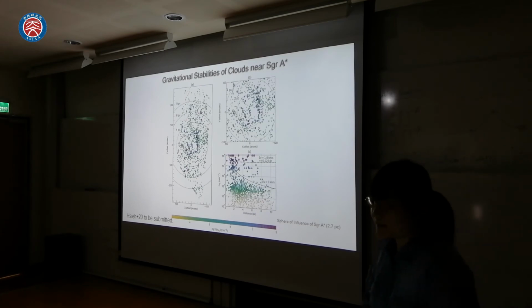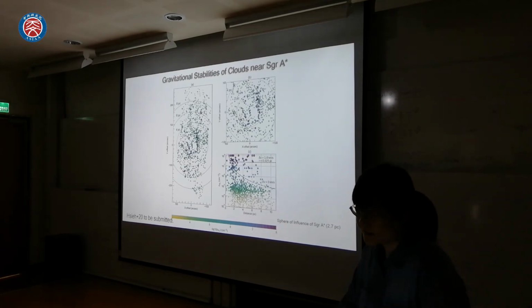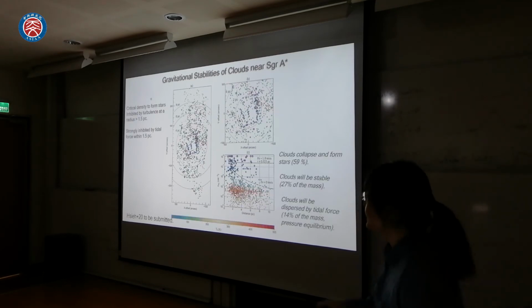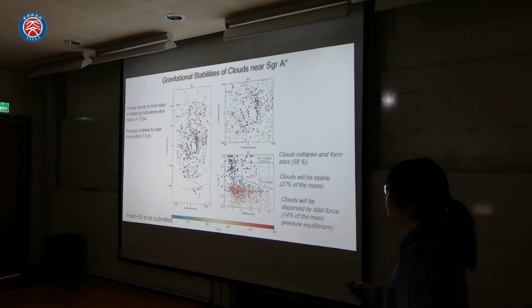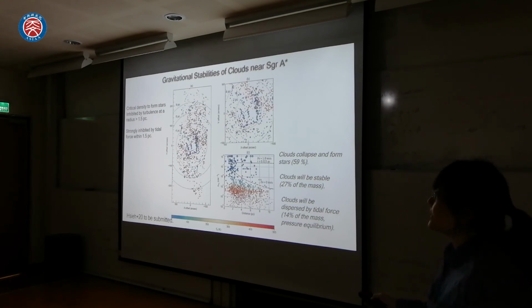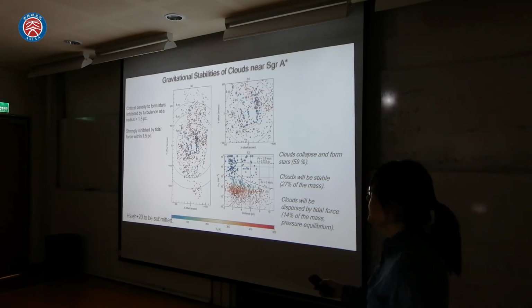But in reality, there is no observed ongoing star formation in the Galactic center. So additional parameters, for example the magnetic field, may play a role in supporting the cloud against collapse. And this is the same plot, but the color shows temperature. The important information we can extract from this plot is that the critical density controls star formation, and beyond 1.5 parsec it is actually dominated by turbulence.